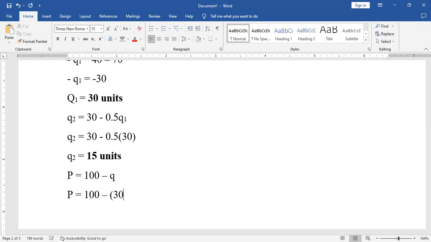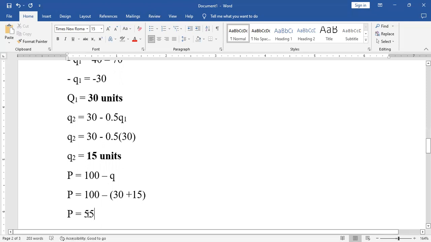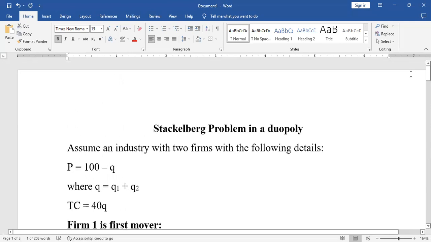Q1 which is 30 plus Q2 which is 15. So there we have 45. Now 100 minus 45 is basically 55. That is the price. So this is how we sort out the Stackelberg problem in a duopoly.